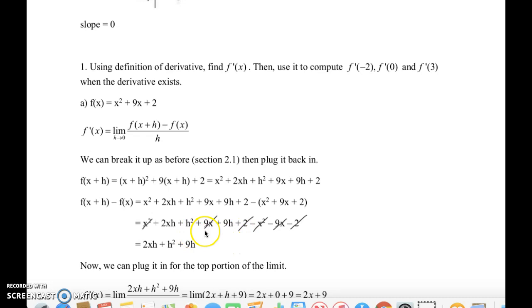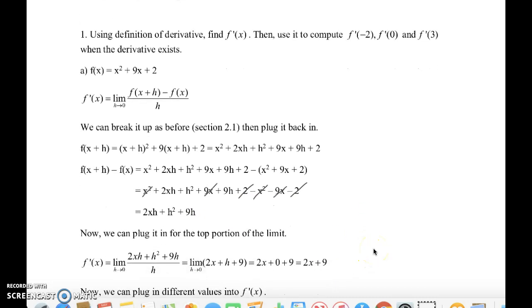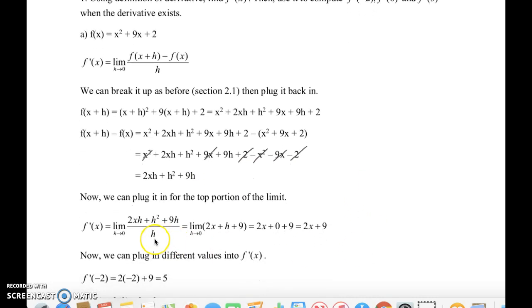So what's left over is all our terms basically with h in it. So we get 2xh plus h squared plus 9h, and the order doesn't matter. You don't have to worry about putting it in any kind of descending order or anything. Now what we're going to do is take this top portion and plug it into our limit, over our denominator h.